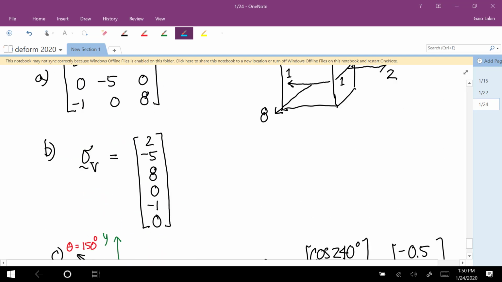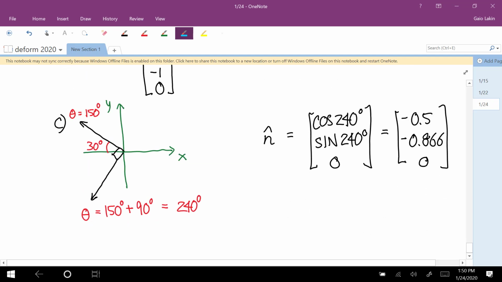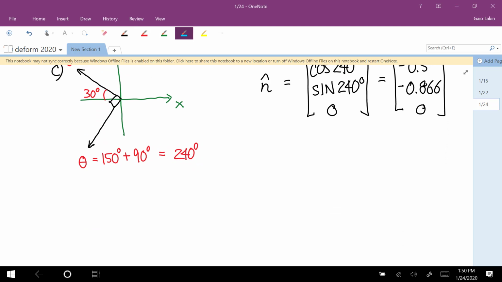And now multiply that to the stress tensor. So the traction is the matrix 2, 0, negative 1, 0, 5, 0, negative 1, 0, 8.